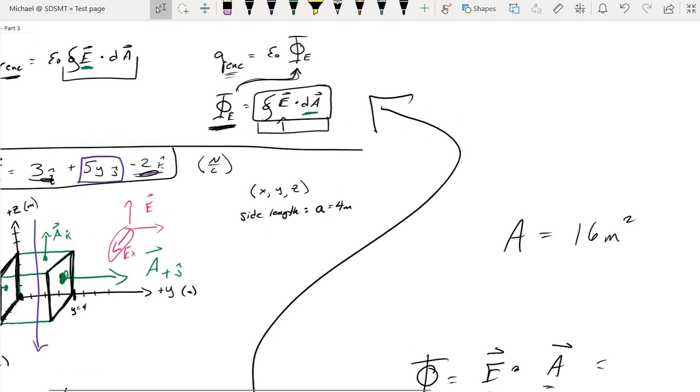Now, if we had had a net flux of 0, that would have made our world super easy, because if we have a net flux that is equal to 0, then that would mean that there was just no enclosed charge inside of the cube. But that's not what happened. We have a net flux of 320.